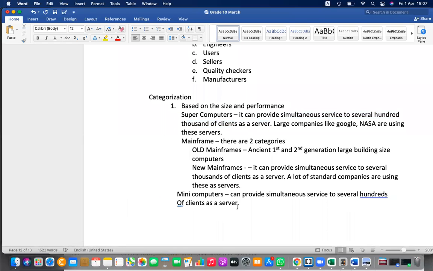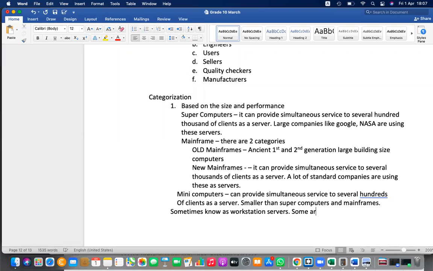So basically, they are smaller than supercomputers and mainframes. Sometimes known as workstations, or workstation servers.